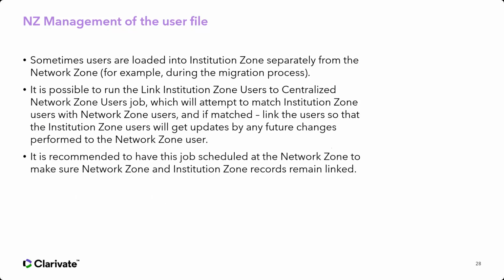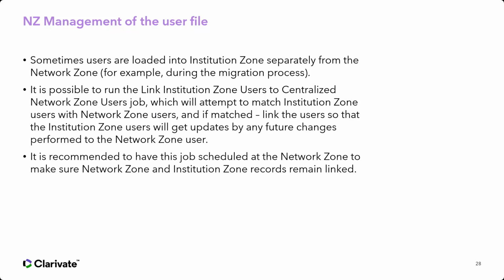Another is that for the accounts in the network zone and the accounts in the institution zone to be linked, for these updates to flow, there are internal links that Alma maintains that enable Alma to know that this account at the network zone and these accounts at the IZs are actually the same person.